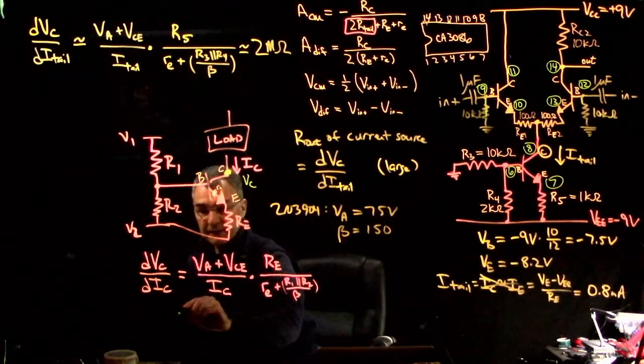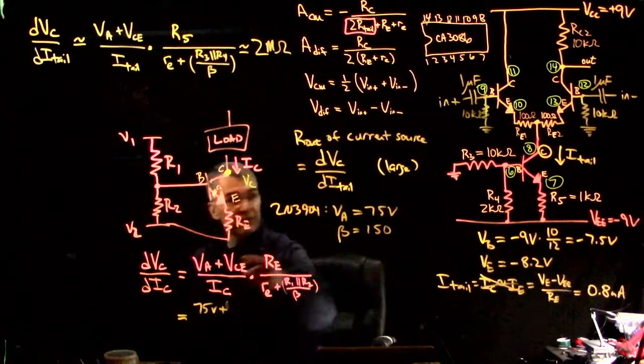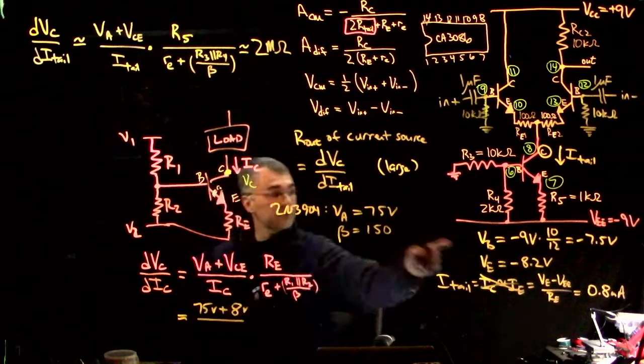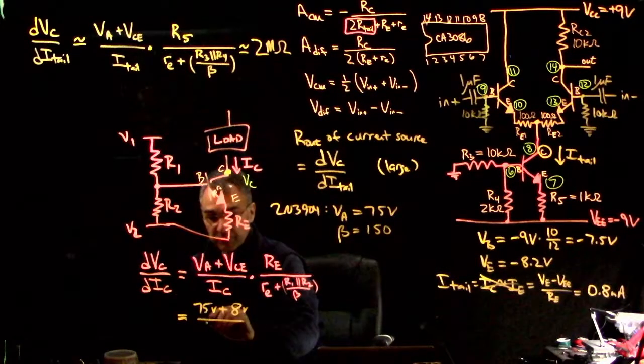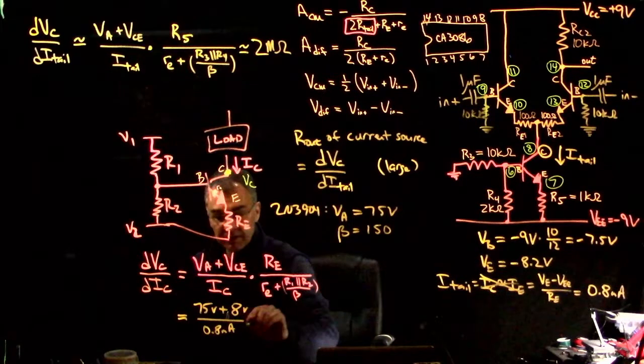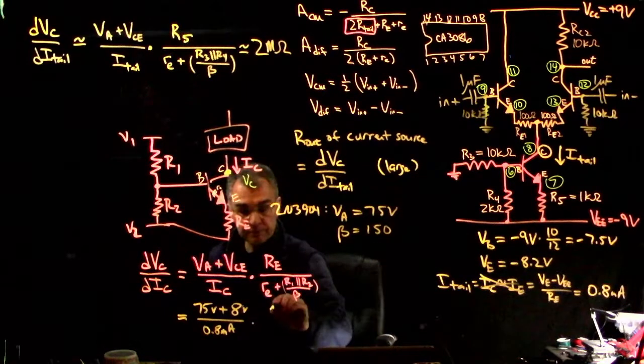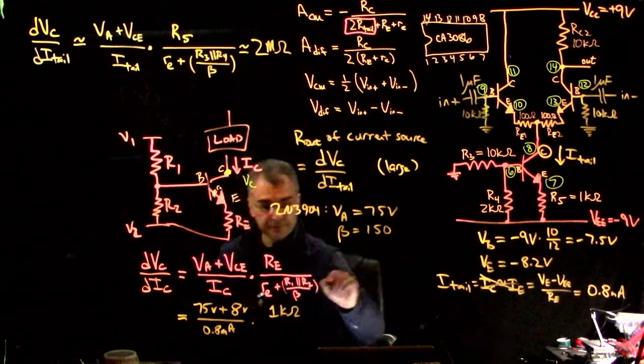So let's call this 75 volts plus VCE, which was about 8 volts. And the collector current was a little less than a milliamp, so we'll say 0.8 milliamps. And then this was a kilo ohm.